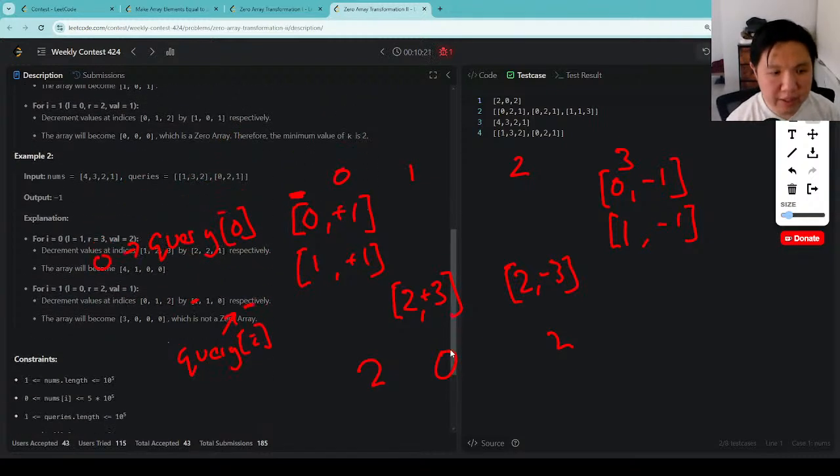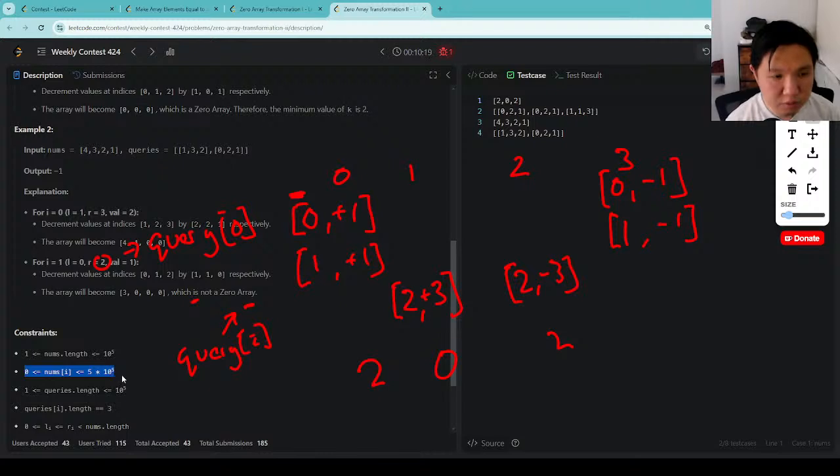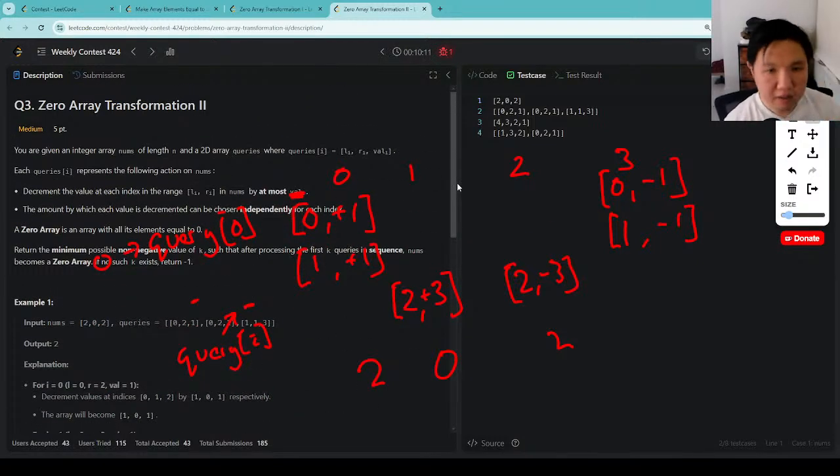Yeah. Do you do a binary search over this? Do you binary search over this thing? Wait. How will you do a binary search? Oh, so you compute the whole thing.